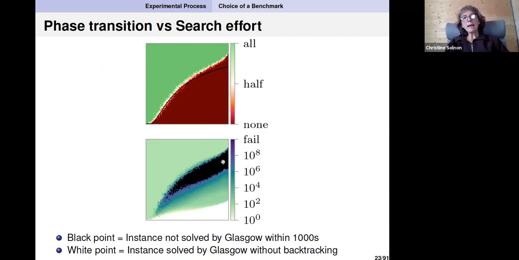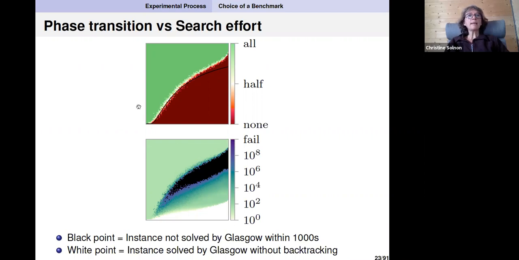When it is black, it means that no instance has been solved by Glasgow within 1000 seconds, whereas when it is white, it corresponds to instances which are solved without backtracking at all. So we can see that the hardest instances are located close to the phase transition.